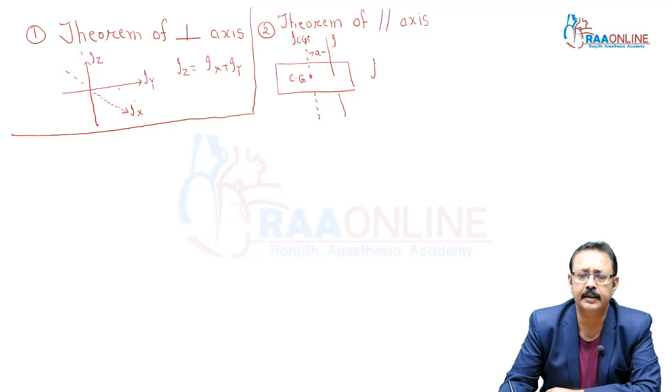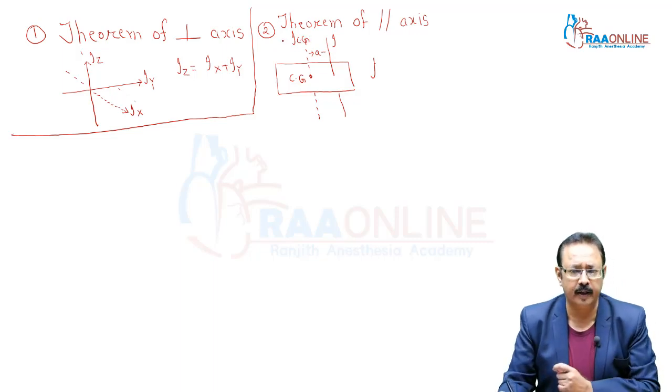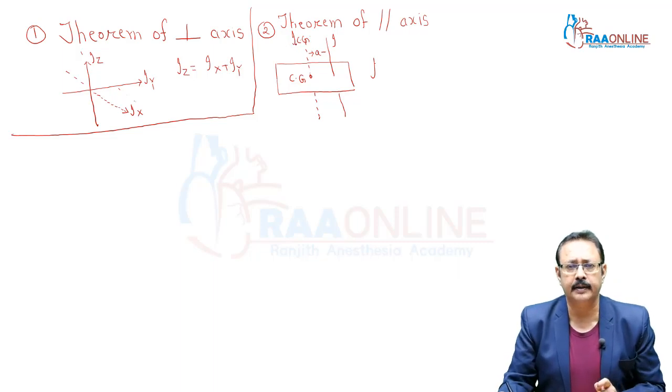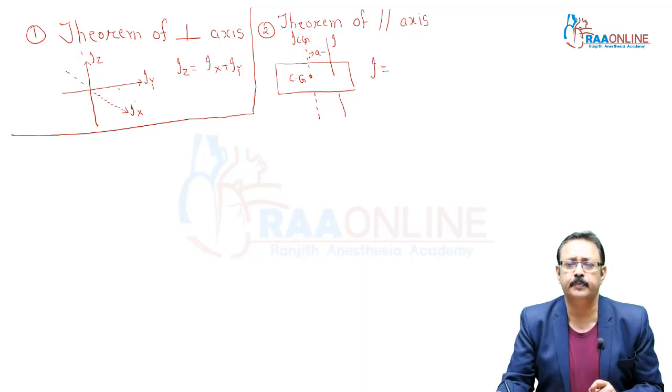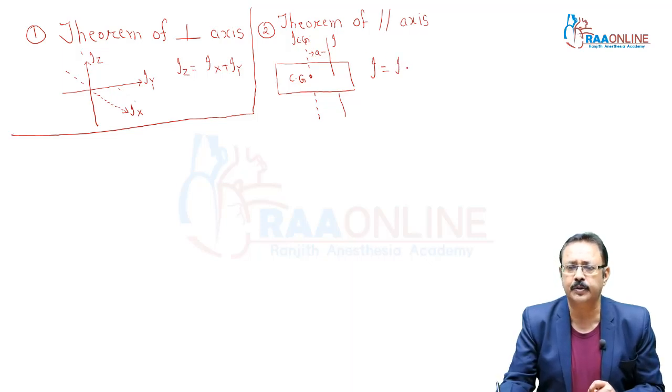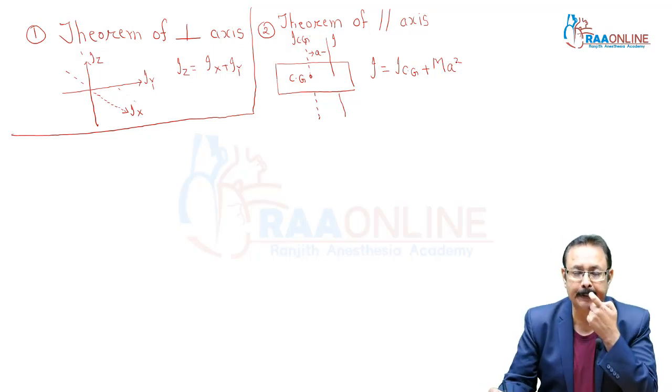I am writing it as I_CG, the moment of inertia about an axis which is passing through the center of gravity. So you can calculate the moment of inertia about any axis which is parallel to this axis by the formula I equals I_CG plus m a square.